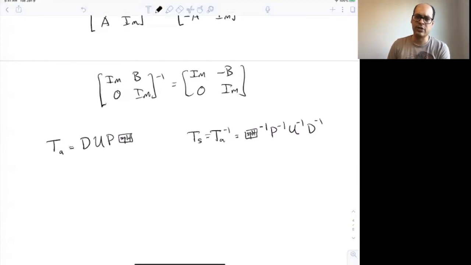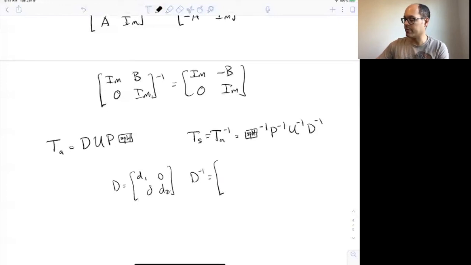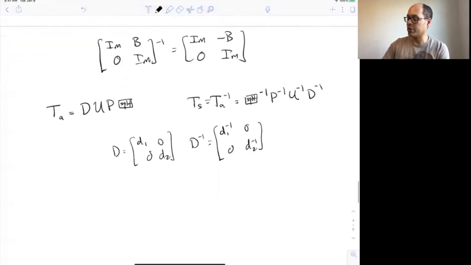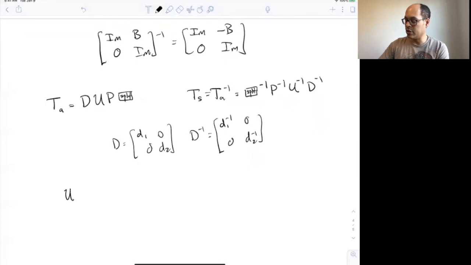Now, inverting a diagonal matrix is pretty simple. If your diagonal matrix looks like D1, D2, then the inverse is going to be the same kind of form where you've put an inverse on your diagonal entries. You can just check that explicitly. So doing the D inverses is no big deal. The update matrix looked like this, IM script U, which looks very different from my Roman U, notice.